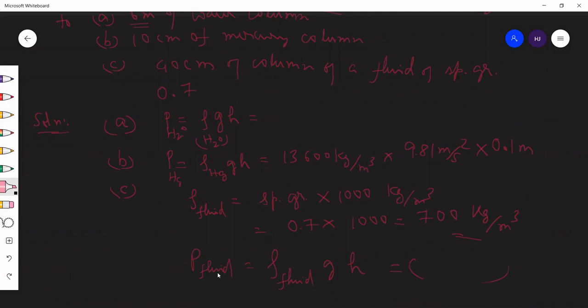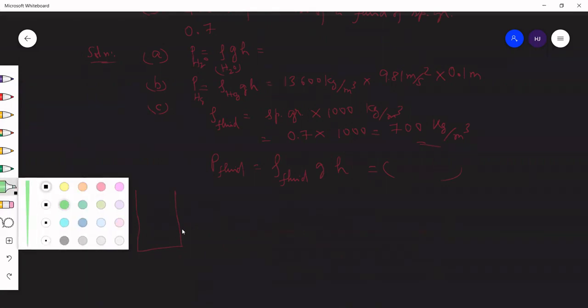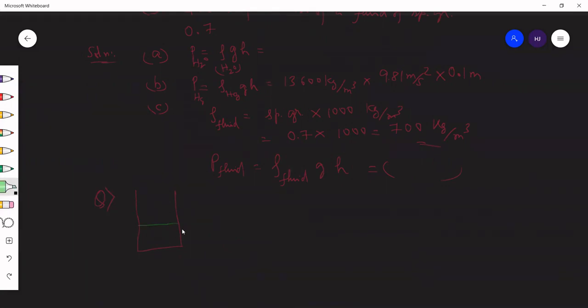Now, you have a tank like this. Okay. You have two fluids.